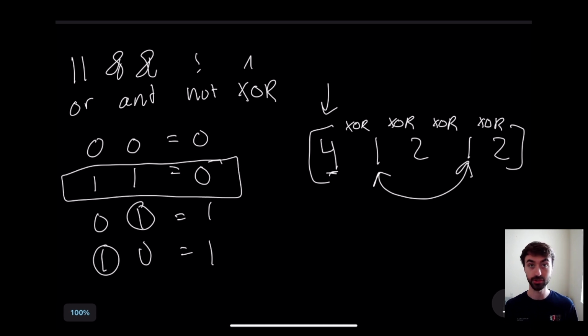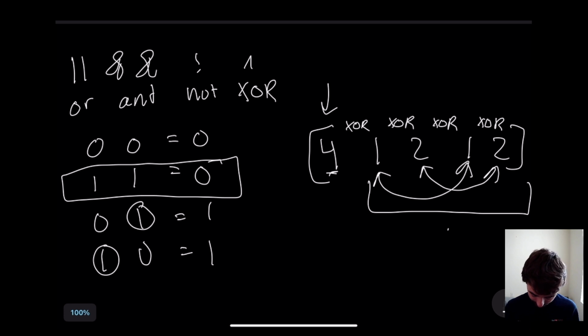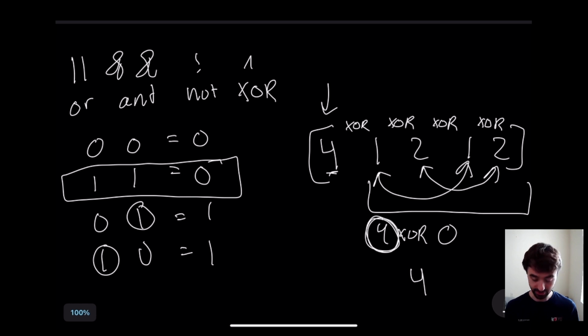Remember, anytime we XOR 2 things that are identical, we get 0. So when we XOR 1 and 1 together, we get 0. When we XOR 2 and 2 together, we get 0. So what I'm saying is I think this whole thing just goes to 0. And then when we do 4 XOR 0, I think it just gives you the non-zero value as the answer. And so it's 4.